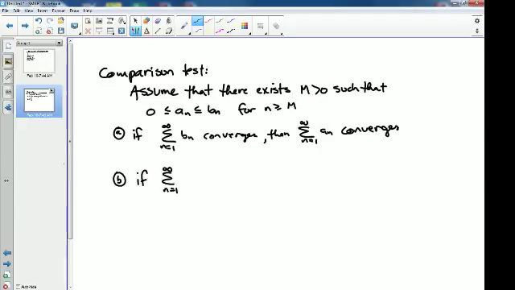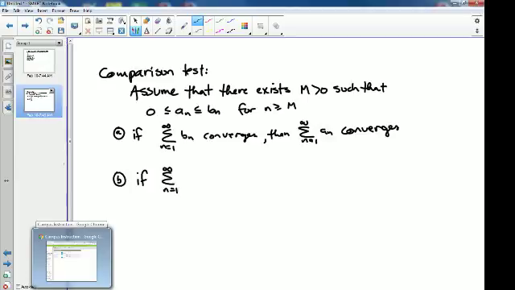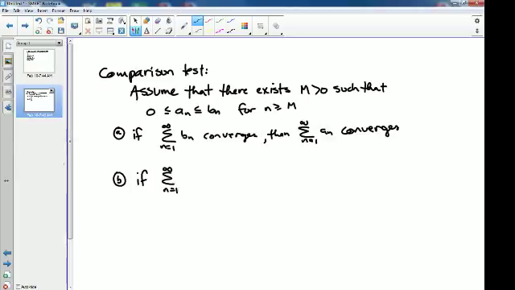Okay, that's it, right there. If a sub n diverges, something bigger than it also has to diverge, right? Okay, good call. You guys were thinking that one through. If a sub n diverges, then b sub n also diverges.